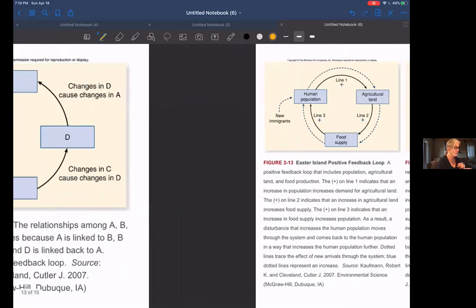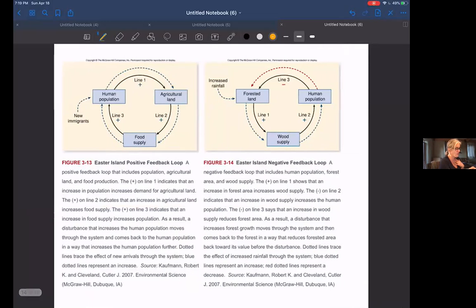For example, as we increase human population, we increase agricultural land, that's positive feedback. And then we increase our food supply, so that's positive feedback. You can see here that there's probably going to be a point where we run out of land, and then we crash the population, right? So positive feedbacks tend to not create stability in a system.